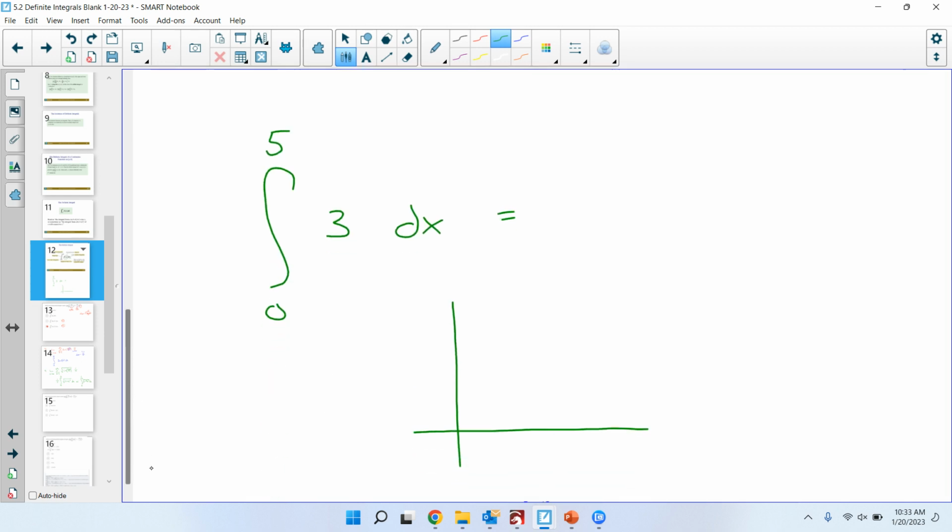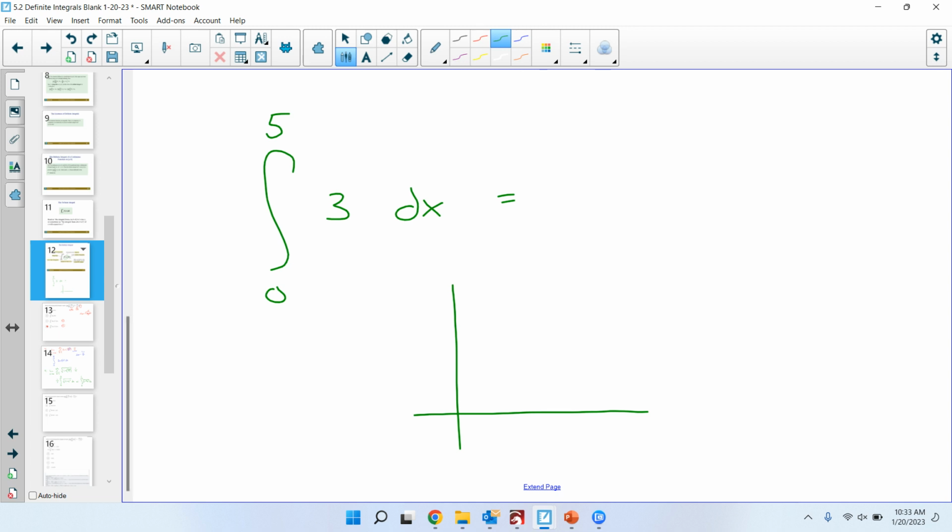What's my f of x in this problem? 3. Well, what does f of x equals 3 look like? Horizontal line. And we're adding up areas from 0 to 5. Oh, that's just a rectangle. Base is 5, height's 3, area is 15. But again, the practice is understanding what the notation's asking you to do.